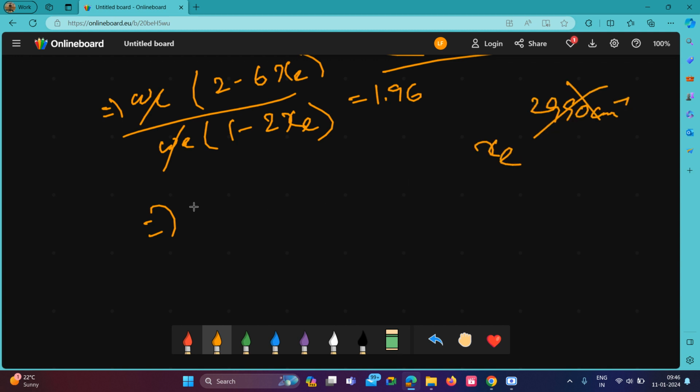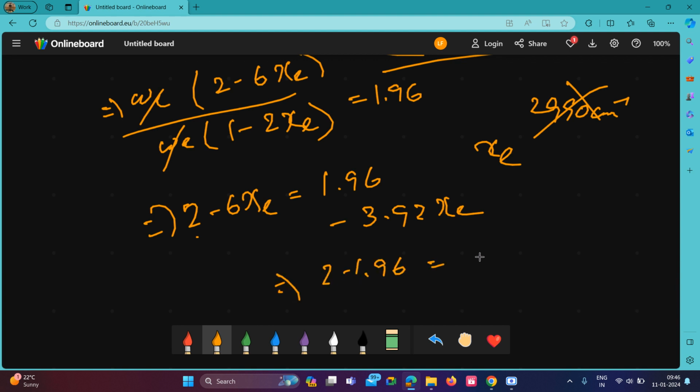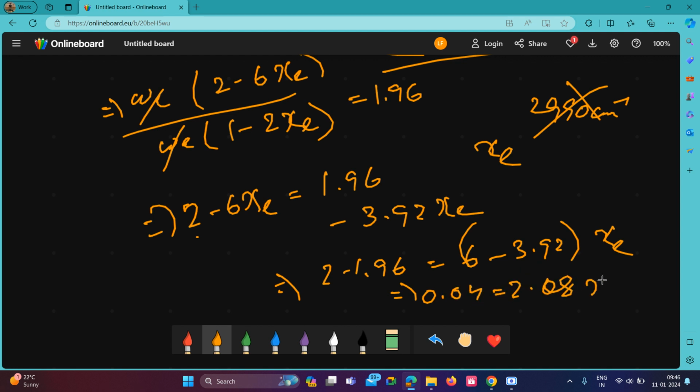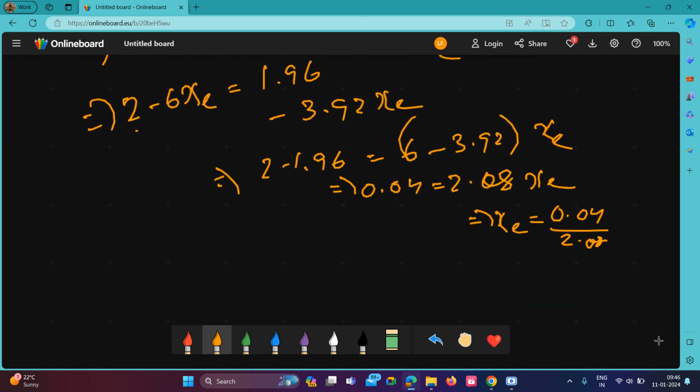Right. So 2 minus 6 chi is equal to 1.96 minus 3.92 chi. So 2 minus 1.96 is equal to 6 minus 3.92 chi. 0.04 is equal to 2.08 chi e. So chi e is equal to 0.04 divided by 2.08, that is 4 divided by 208.